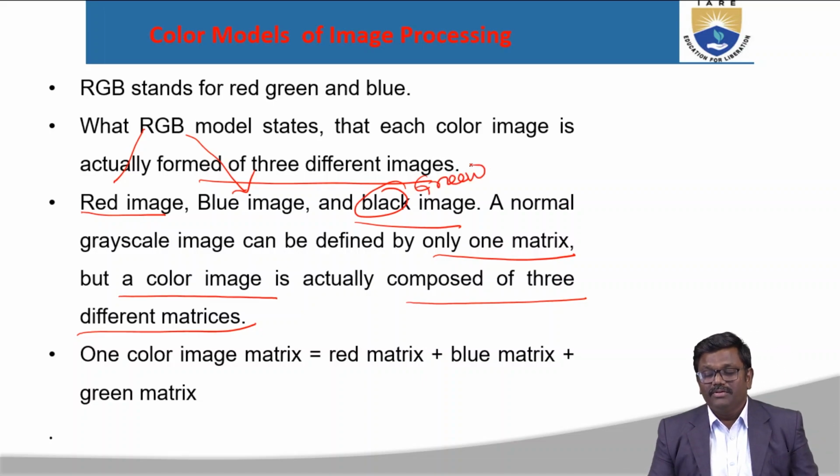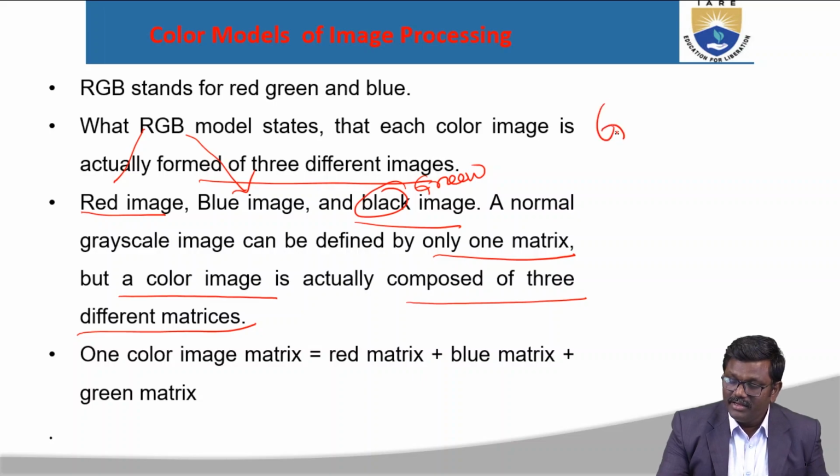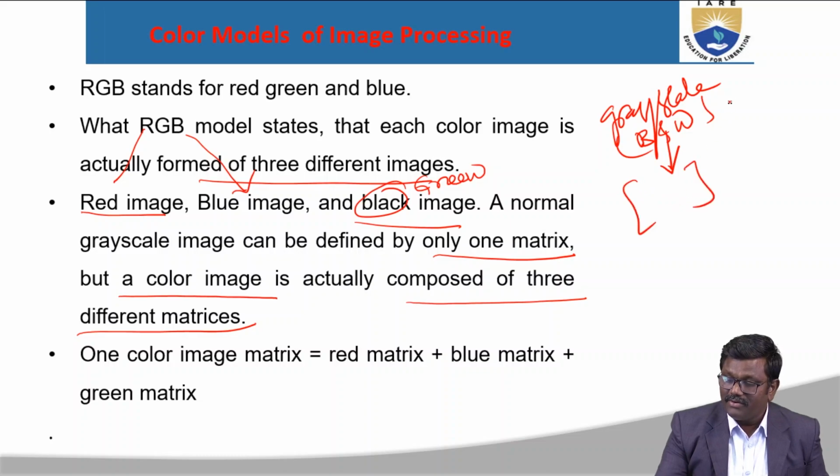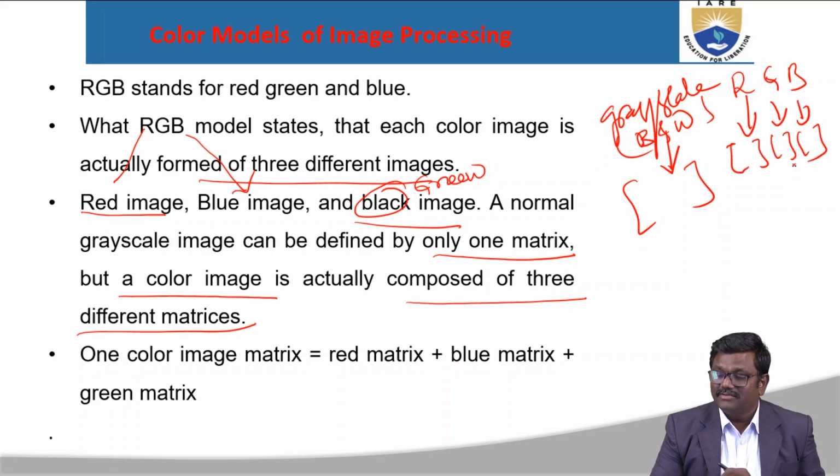So what is the difference between grayscale, which we also call a black and white image, and RGB? Grayscale can be formed within one matrix, whereas RGB color needs a minimum of three matrices, because the three colors are different.